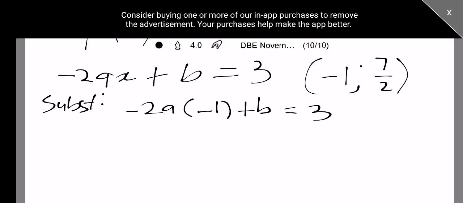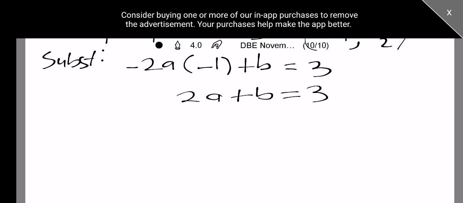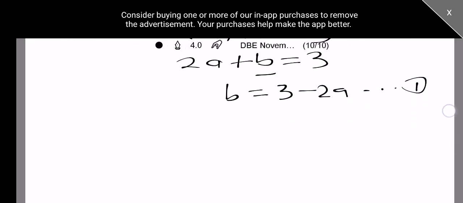Now -2 times -1 is 2, so 2a plus b equals 3. Now this is an equation. What do we do? The coefficient of b is 1, so let's make b the subject of the formula. b equals 3 minus 2a. This is our first equation.